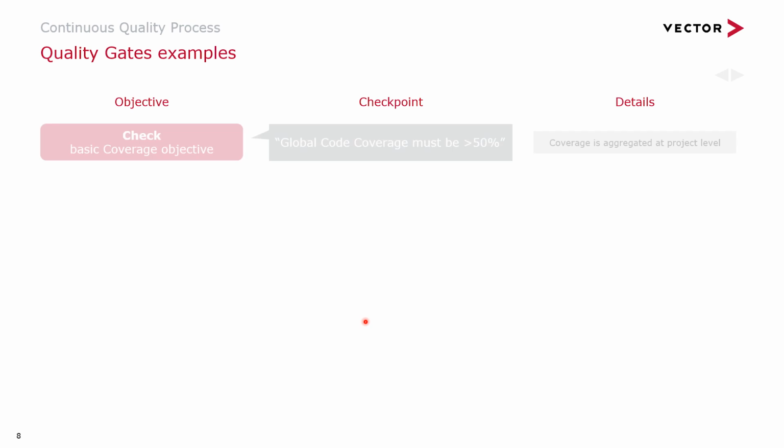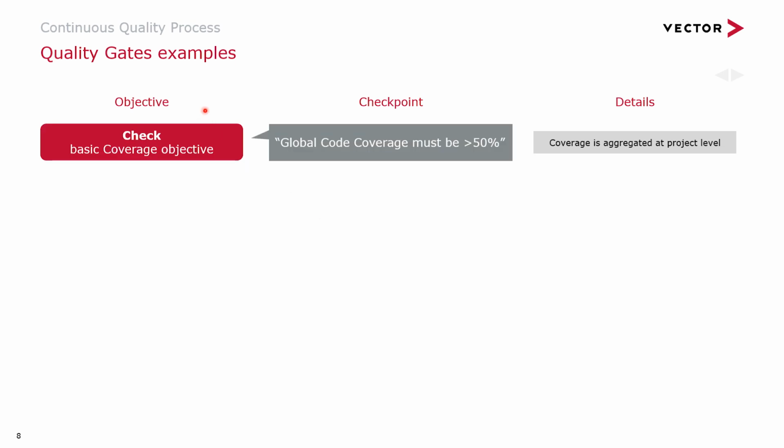Some examples of quality gate. There are several families of quality gates. There is a check family. In this example, what we need to know is if my global code coverage is above 50% or not. This is really kind of a green light, red light test here. And for that, we're going to check that the project coverage is at the appropriate level.